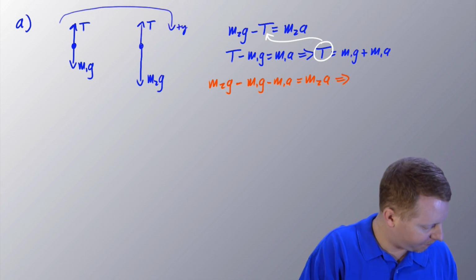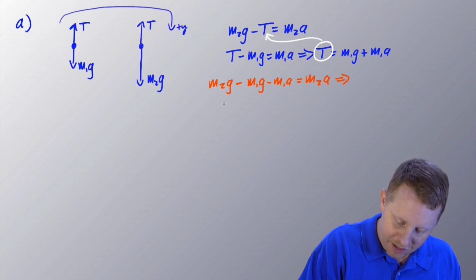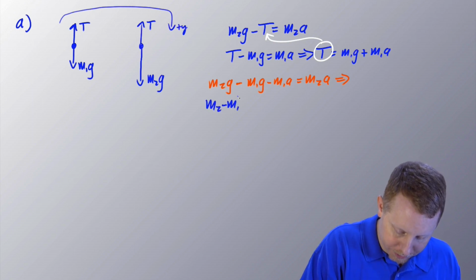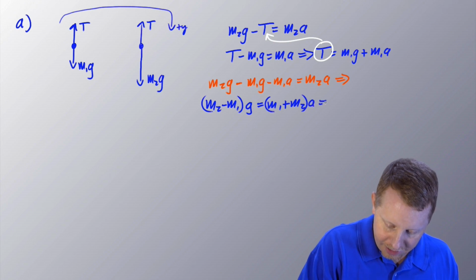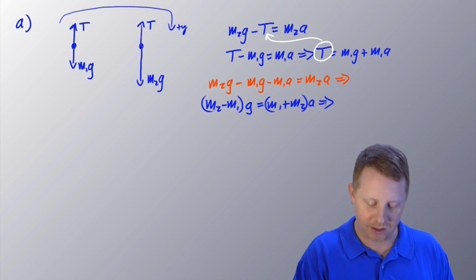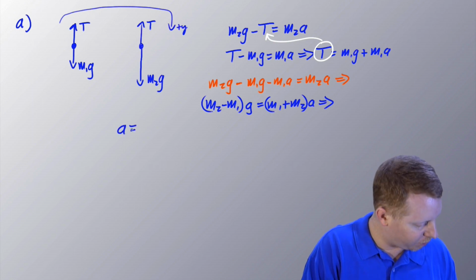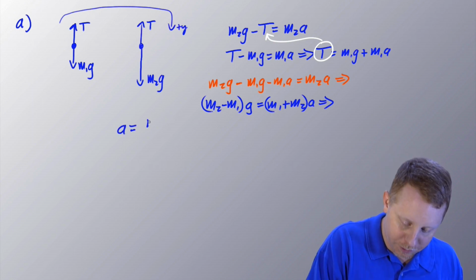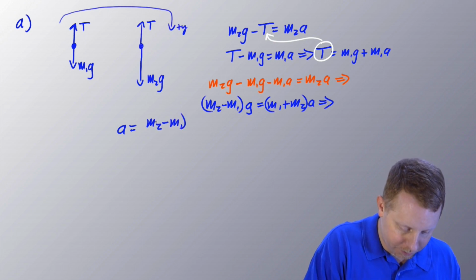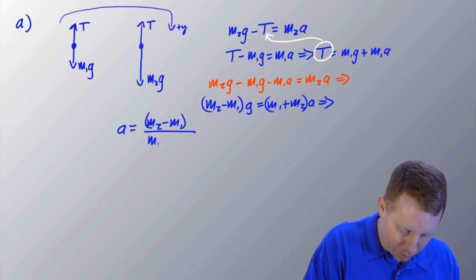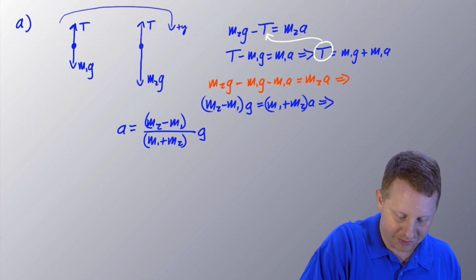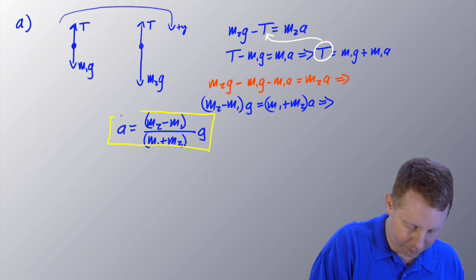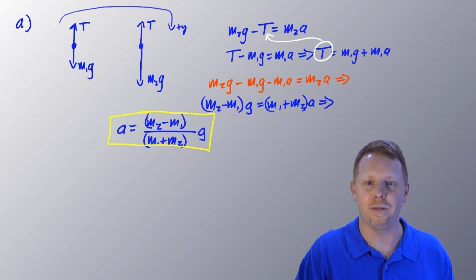This implies then that M2 minus M1 times G equals M1 plus M2 times A. Or with just a little bit more rearrangement, I could say that A, our acceleration, what we're solving for, is going to be equal to M2 minus M1 over M1 plus M2, all times our acceleration due to gravity, g. So that would be a reasonable answer, I think, for part B.